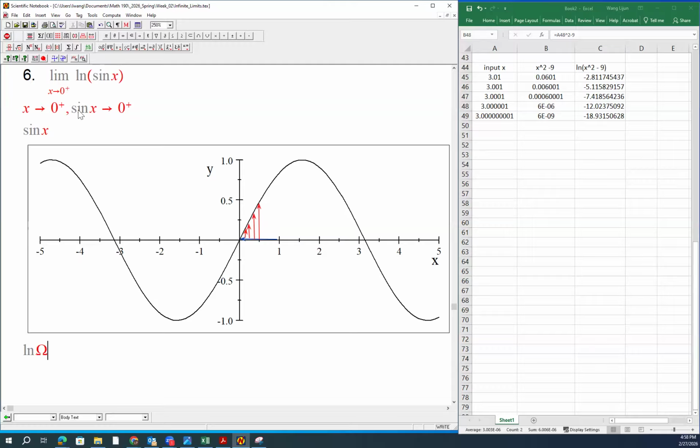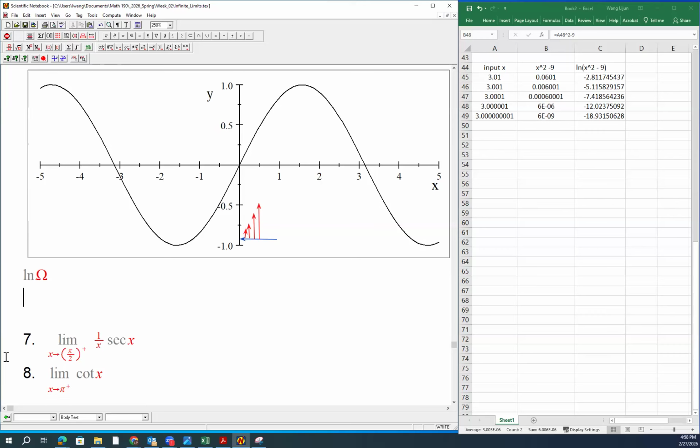So when x is approaching 0 from larger than 0, bologna is approaching 0 from larger than 0. Therefore, ln bologna is going to have an infinite limit of negative infinity. So there are two processes, a composite function situation, going on here.